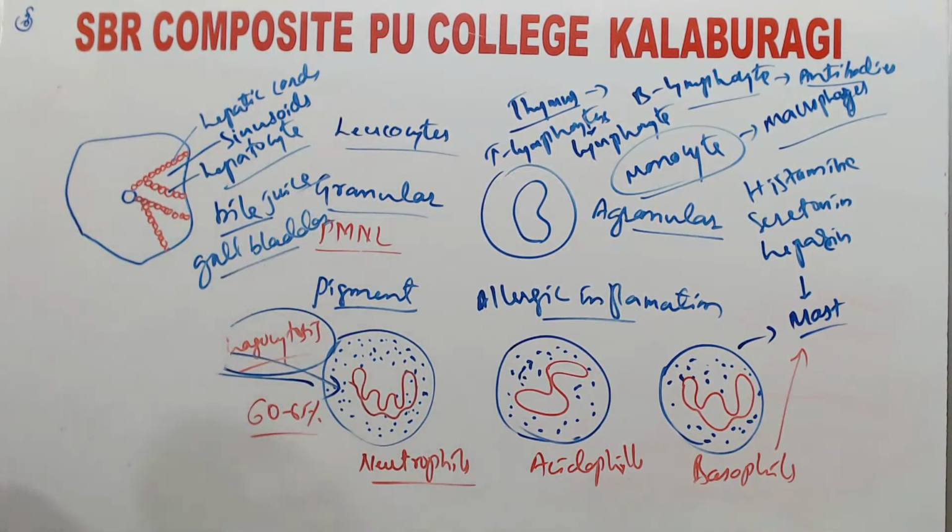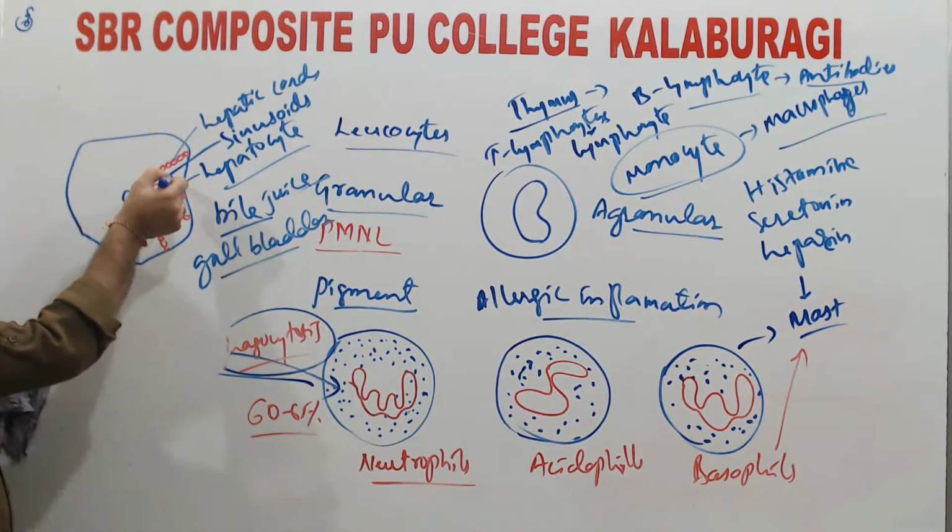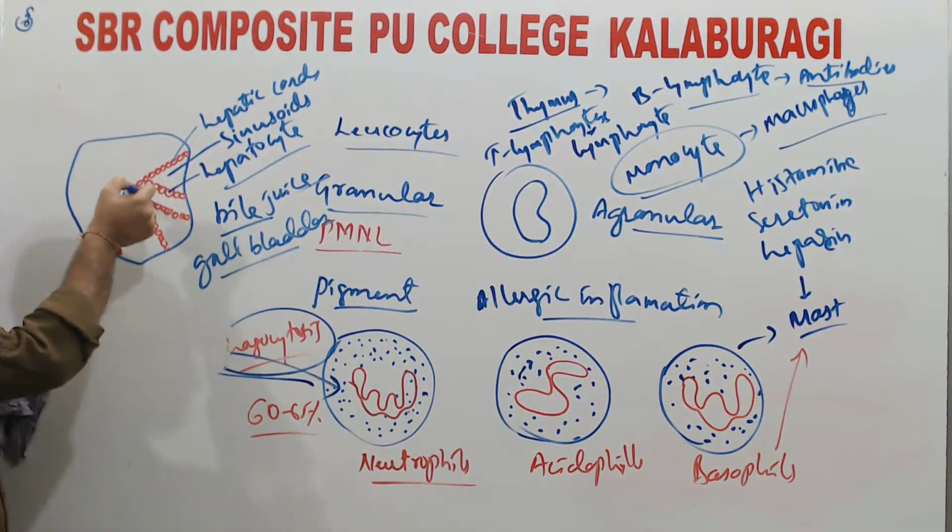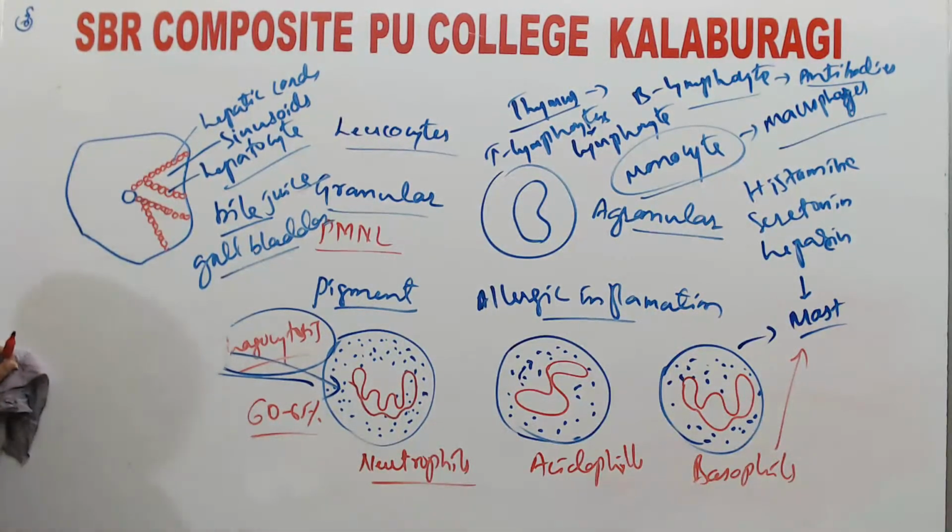Whatever bile juice the hepatocyte cell secretes gets poured and diffuses into the sinusoids. From the sinusoids, it diffuses into the central canal of this liver lobule, and then in turn opens into the liver duct tubes.